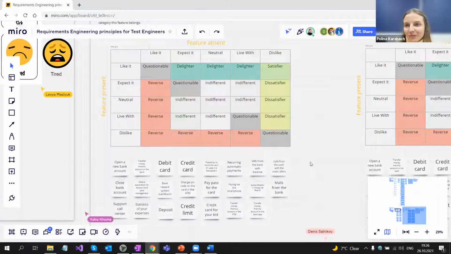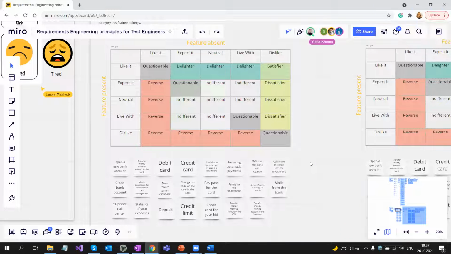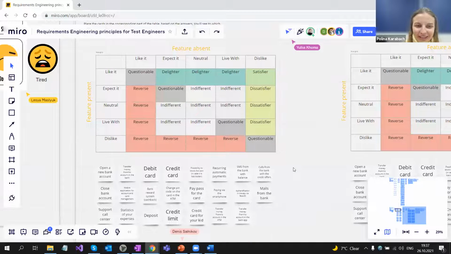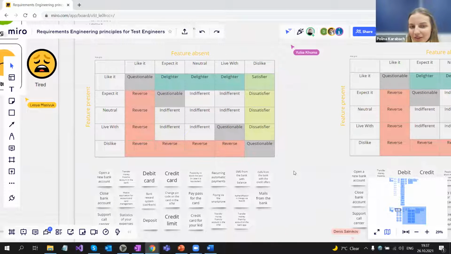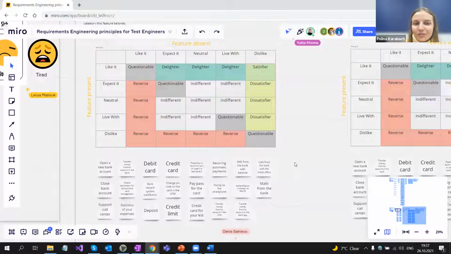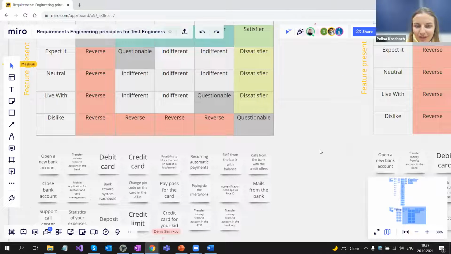Let's pick somebody, Dennis or Yulia, who wants to volunteer. Dennis? Okay, I could. Perfect. So I will be asking you 2 questions about specific features, and you can answer with one of these options. All right.